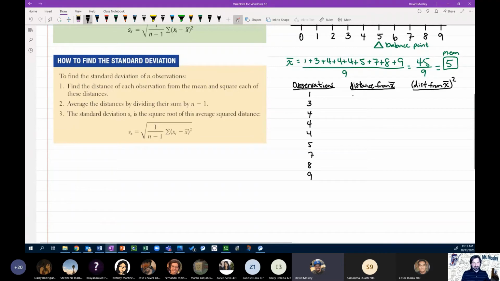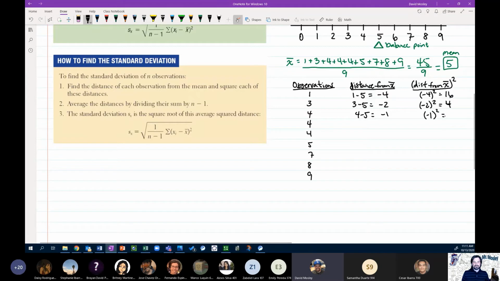Our distance from the mean is going to be 1 minus 5. We have negative 4. Negative 4 squared is 16. 3 minus 5 is negative 2. Negative 2 squared is 4. 4 minus 5 is negative 1.